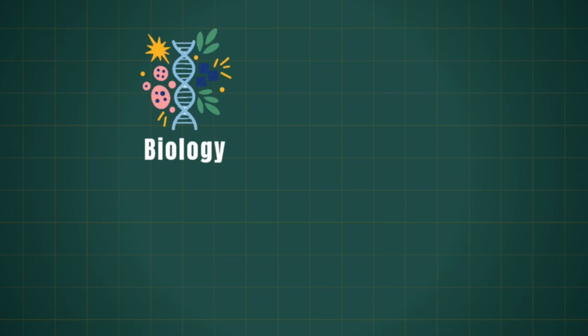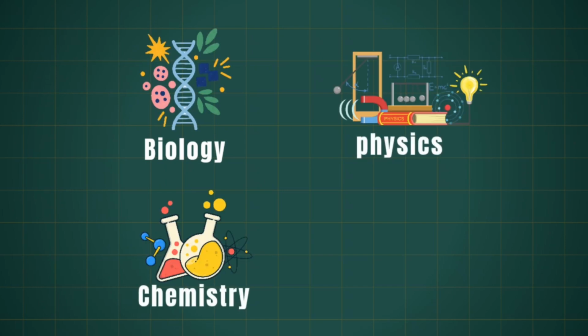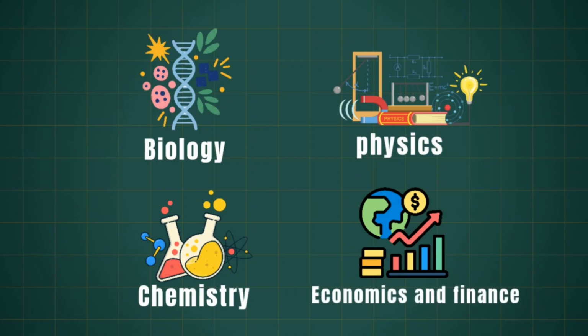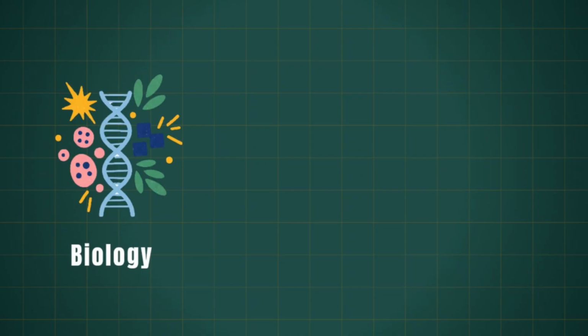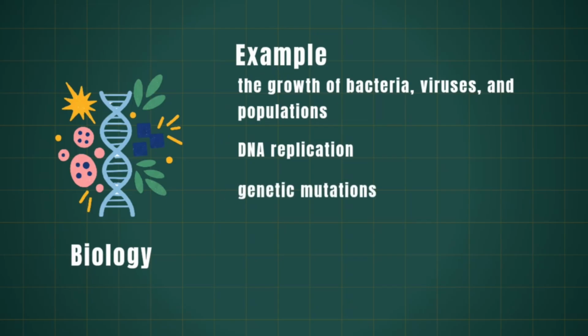Besides mathematics, there are many fields that use exponents, such as biology, physics, chemistry, economics, and finance. In biology, examples include the growth of bacteria, viruses, and populations, then DNA replication and genetic mutations.